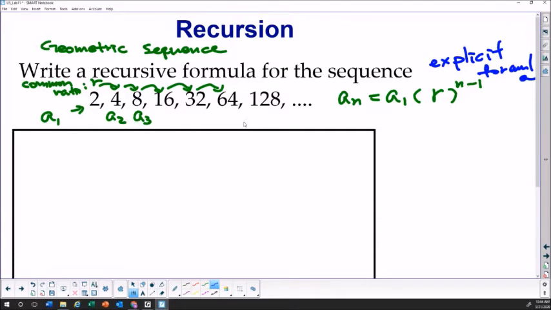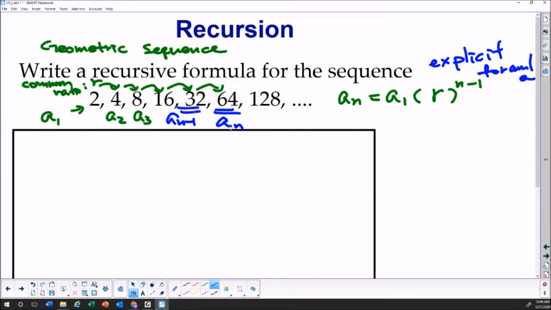We are going to think about this one as recursive. So the explicit formula starts from the beginning, but recursive starts from the current. Let's think about this as the nth term. To get the nth term, you need to look at only one previous, that is the n-1 term.